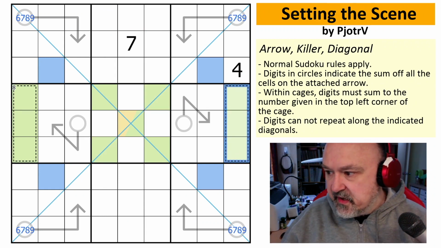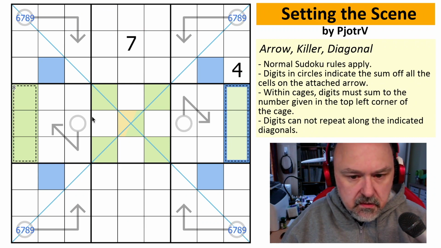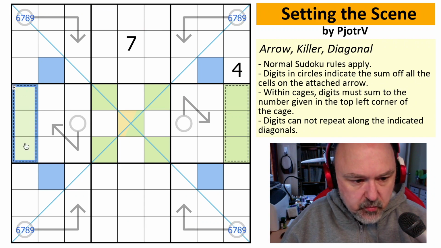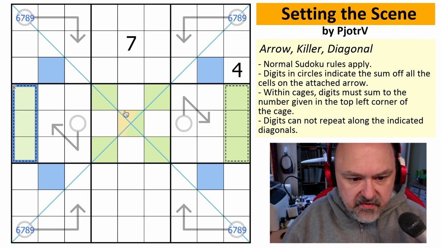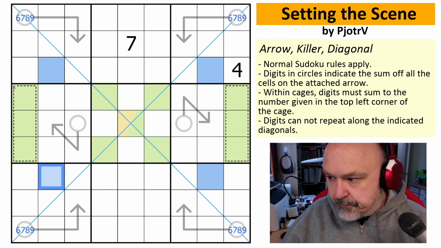I'm switching to my calculator. Okay, so these greens we know have a total of 8. These greens, I'm going to look at the minimum that the green can be because I want to see if these digits can be forced.